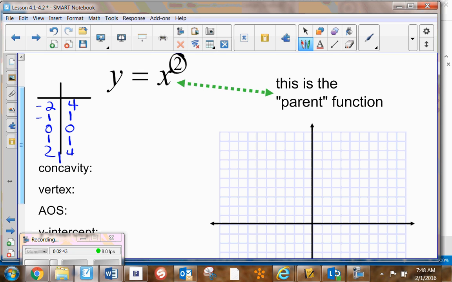So that means for every time you go over to the right 1, you go up by its square. So 0 squared is 0. 1 squared is 1. But 2 squared is 4. And then 3 squared is 9.